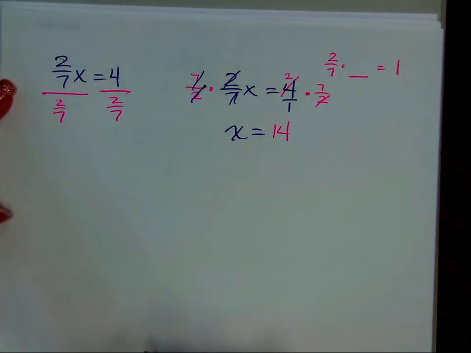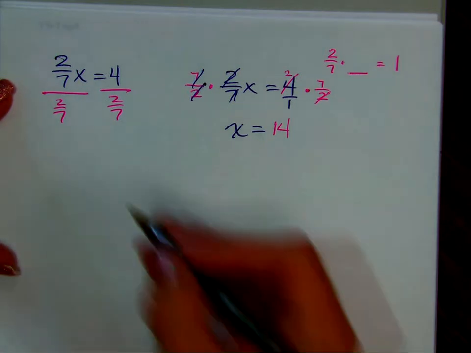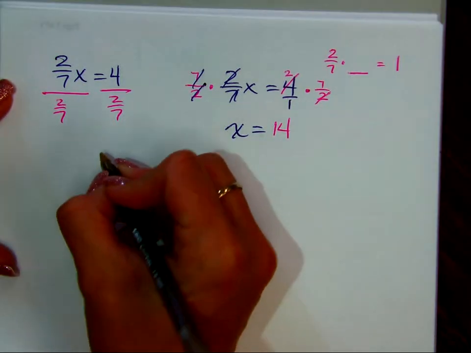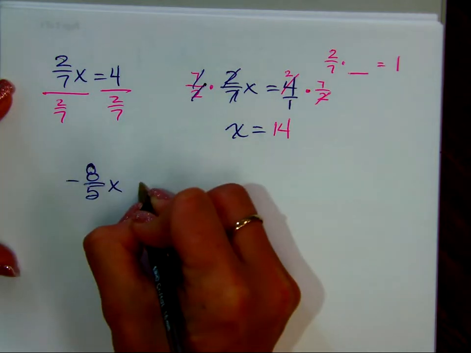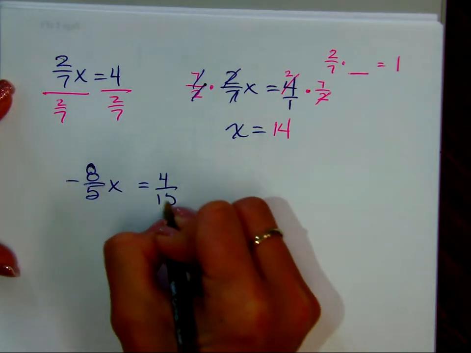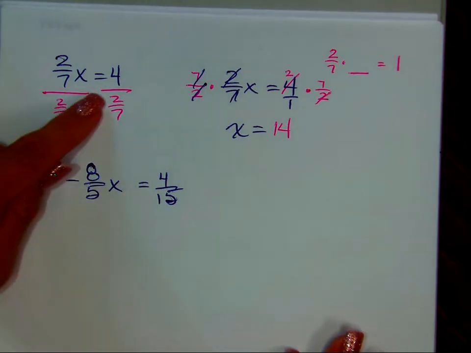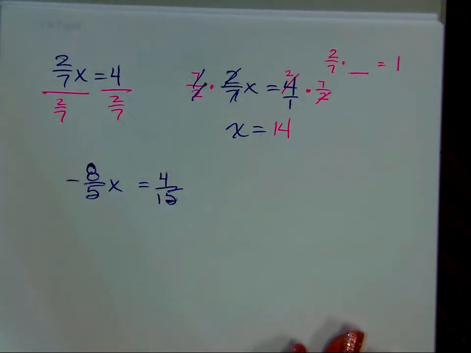Now you just have a little easy multiplication problem to do. You could choose to do 28/2, or probably easier is cross cancel 2 times 7, 14.